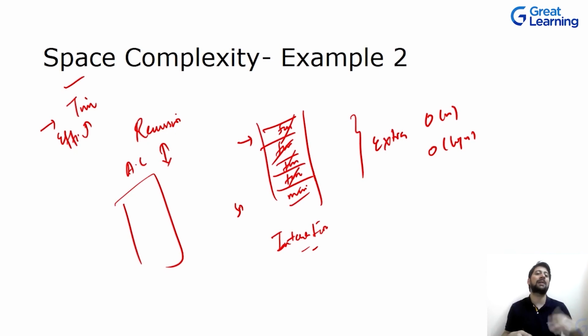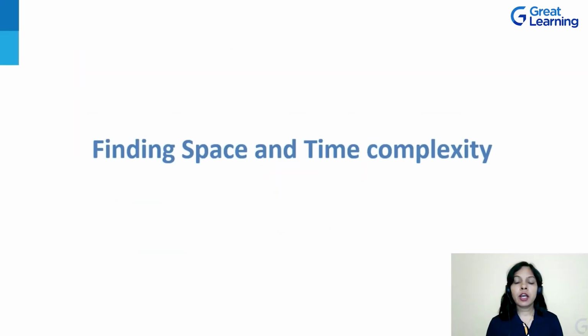But in some, they might say you can use extra space, but time should be efficient. Or in some cases, they say you can use as much time as you want, but space should be less. So there's always a trade-off between both of these things. Now let's see how we can find the time and space complexity of any given code or algorithm.